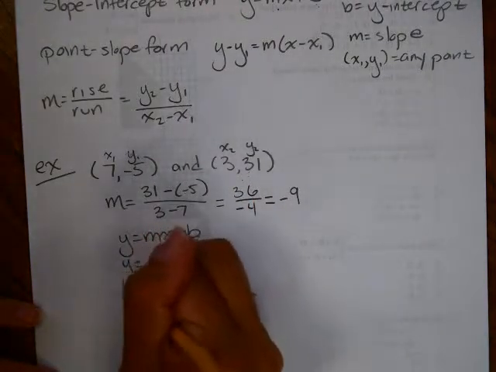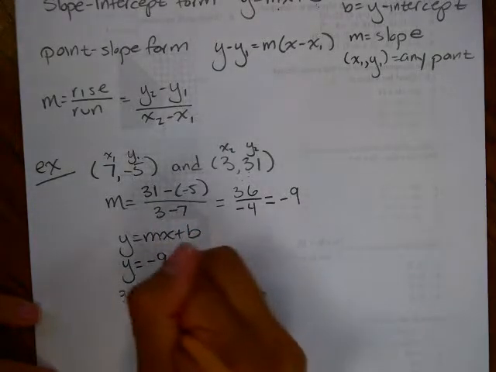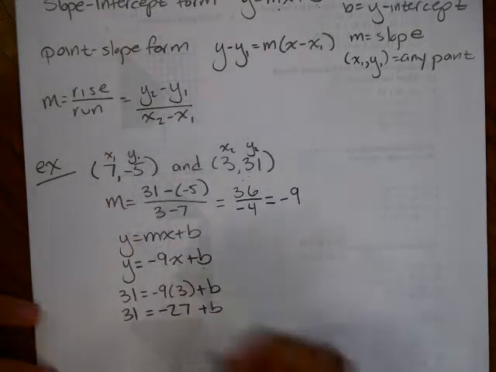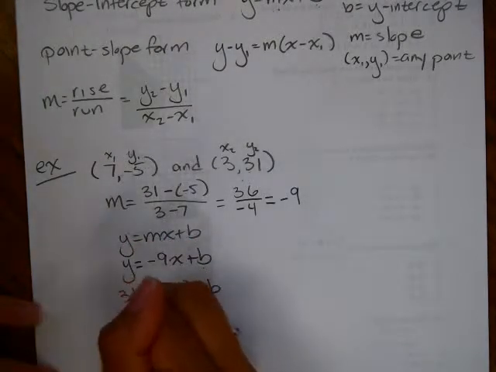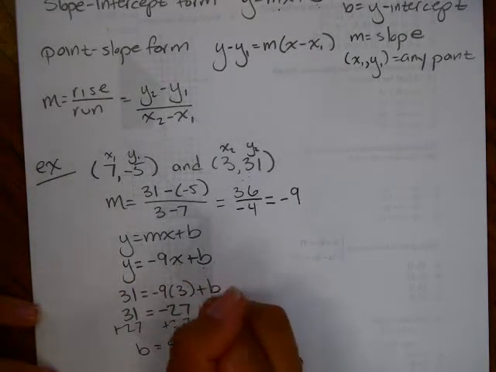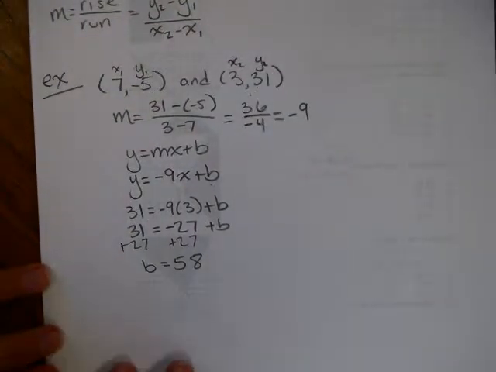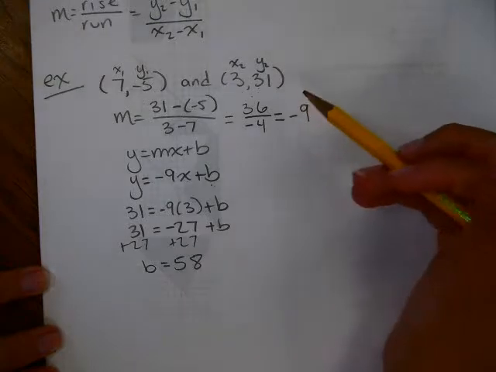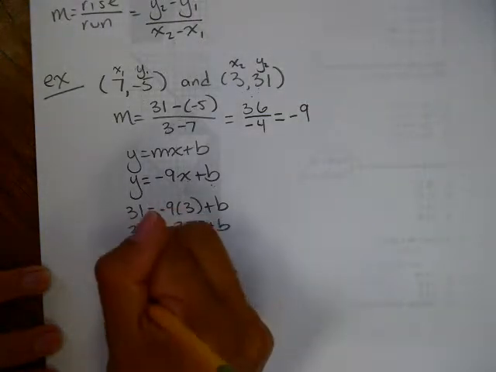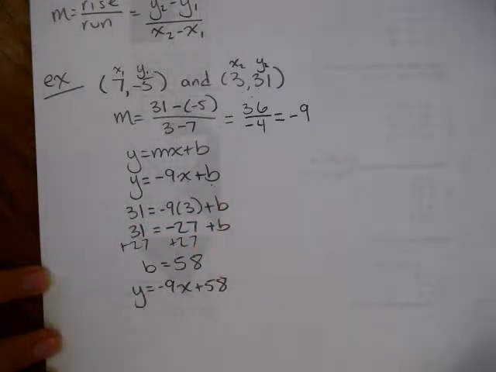So 31 equals negative 9 times 3 plus b. So b is 58. Now, a word of caution to you, don't stop there. If our goal was to write the equation of a line, we need an equation as our answer. So y equals negative 9x plus 58.